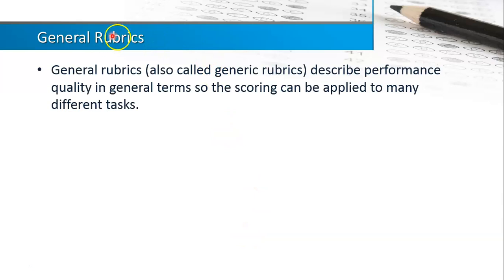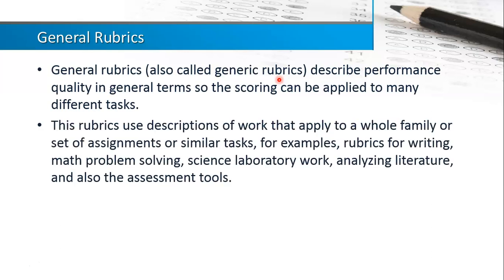Okay, right. So look at the first one. General rubrics is normally called generic rubric as well. So it describes the performance quality in general terms. It can usually be applied to many different tasks. Okay, so this kind of rubric doesn't assess specific content. So it's actually looking for general skill, general tasks. Okay, for example here, a rubric for writing.